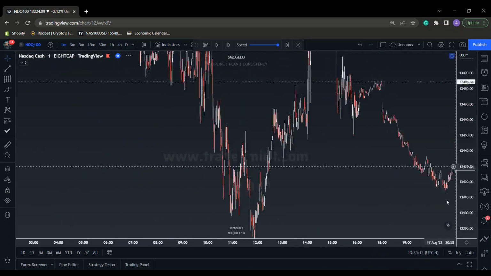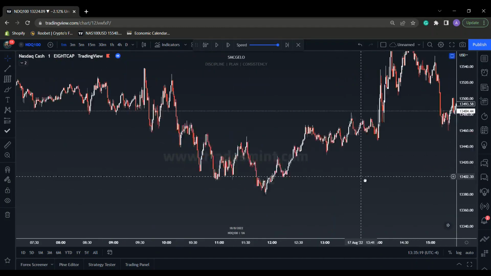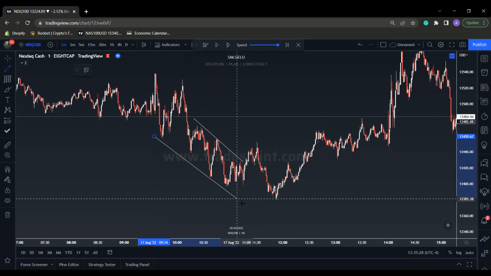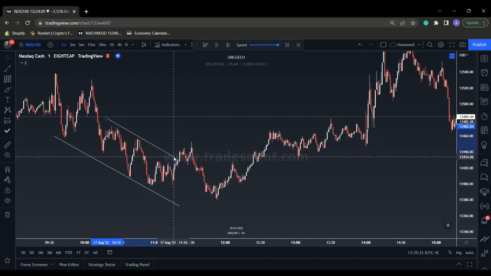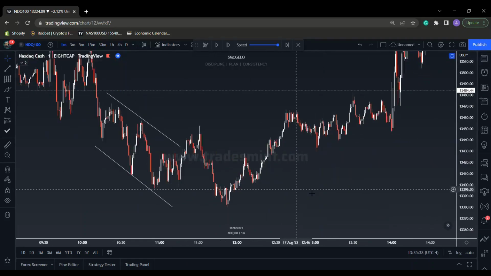So I'll show you guys one more example of retail liquidity. Okay. So what do we have here? We've got a channel down, right? It's not the best channel, but it'll work. What does price do?